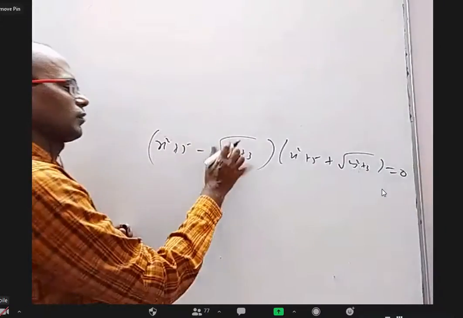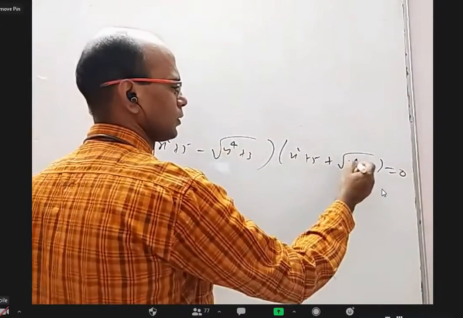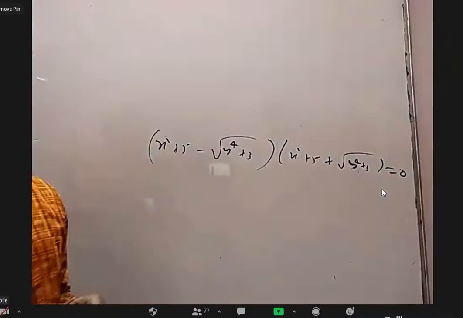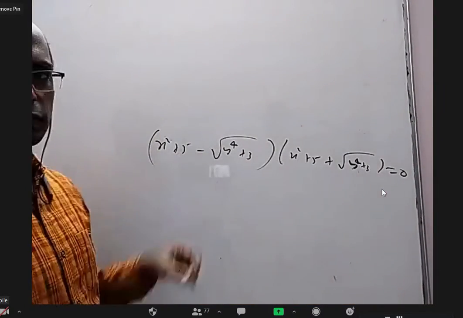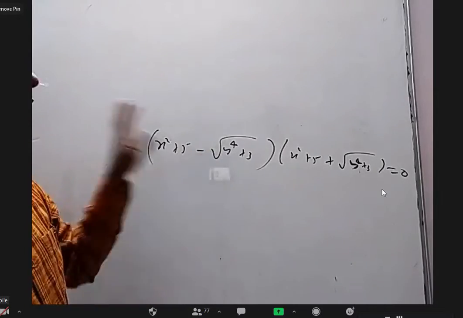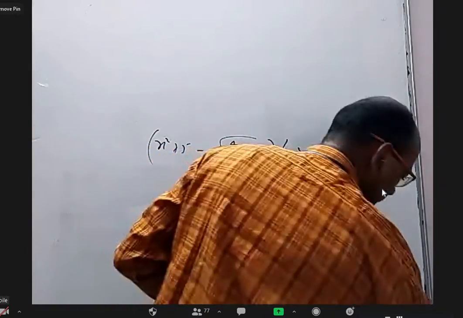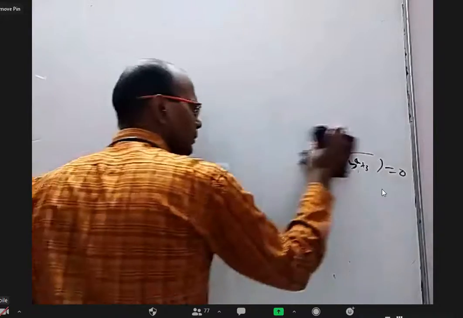Or even if you take y power 4 here, let us say. When I multiply these two, it may be a fourth degree equation. But it doesn't mean this alone is a second degree equation, because we have a square root and all that. So maybe it is like that. I was always thinking to get two ellipses. Maybe it is not. Okay.